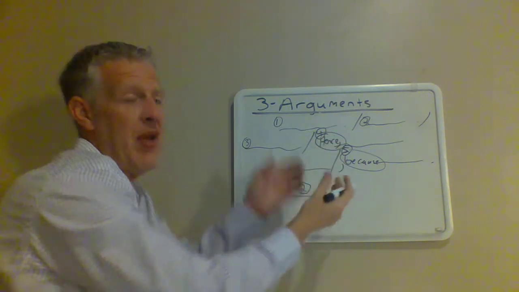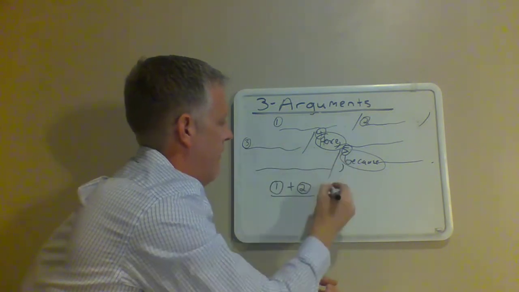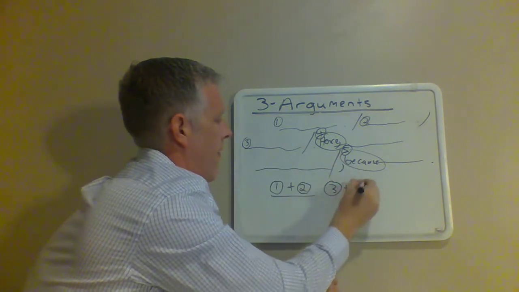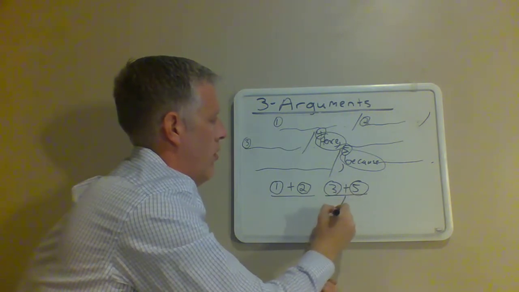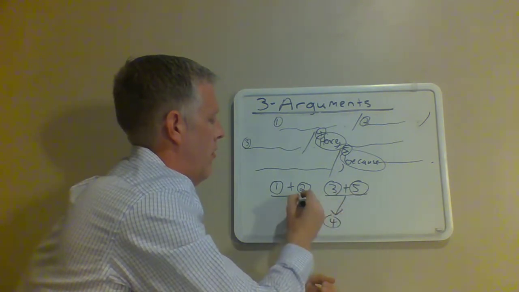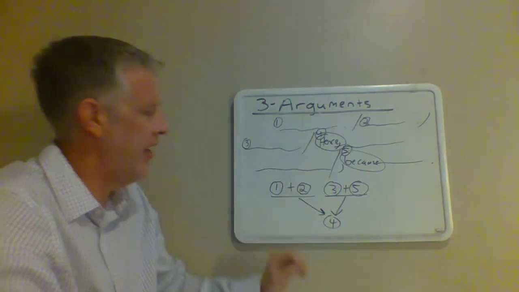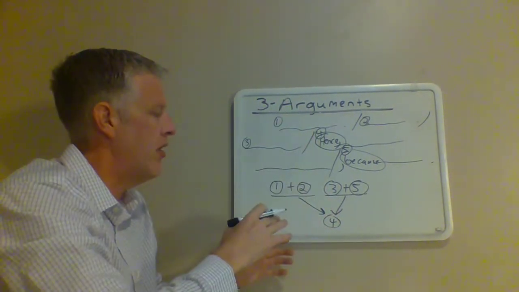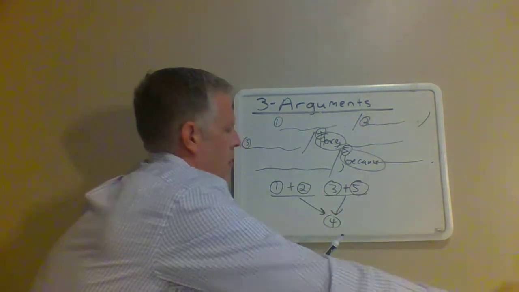It would depend on what's being said. And then we might have 3 and 5 together. Again, it depends on what exactly is being said. The thing I want to do here is just show you what a possible diagram looks like.